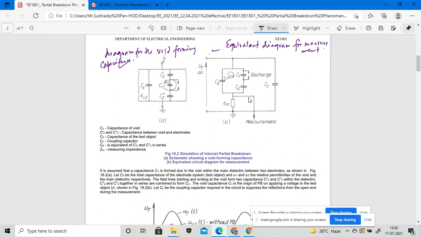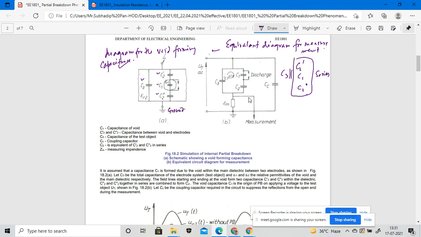Okay, so if we put all those capacitors in a series manner, how many are we putting in total? One capacitor, two, three, and four. So C2 dash, C1 and C2 double dash, all those capacitors will be connected in series, right? And C3 will be connected in parallel with all the series capacitors. So that will be the combination of the circuit, and all those capacitors will be grounded. Okay, so this will be my ground.